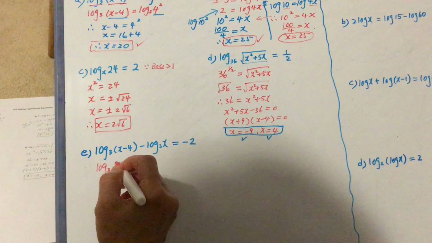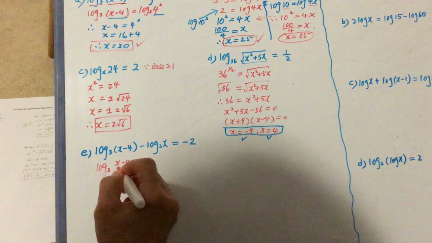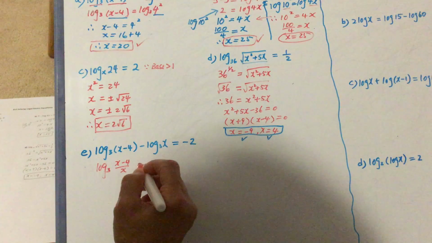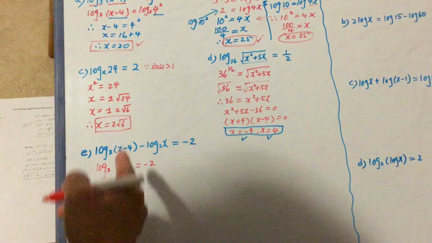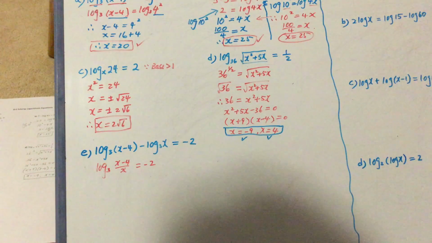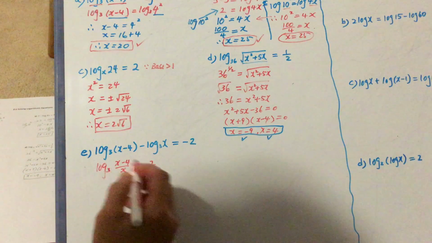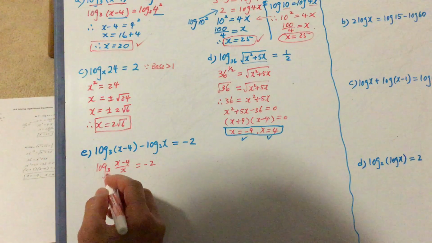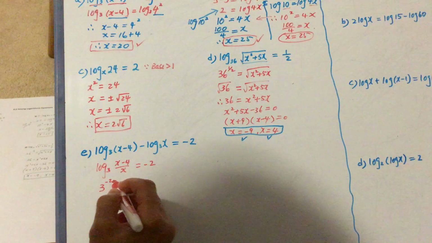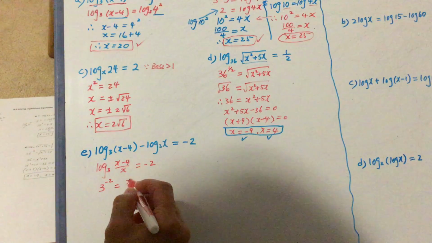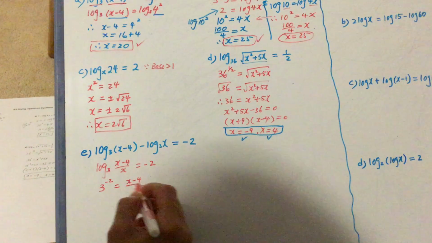So log base 3 of x minus 4 over x is equal to negative 2. Again, for this particular question, I can use the exponential method. So I have the base of 3 to the exponent of negative 2, that is equal to x minus 4 over x.